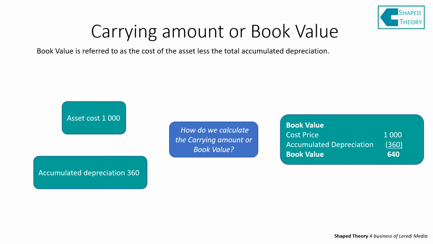We'll take the cost price of the asset, which is 1,000 in this instance, and deduct the accumulated depreciation of 360. This will give us the carrying amount or book value of 640. Basically, these are the basic principles that you need to know to be able to calculate the carrying amount of the asset or a book value of an asset.